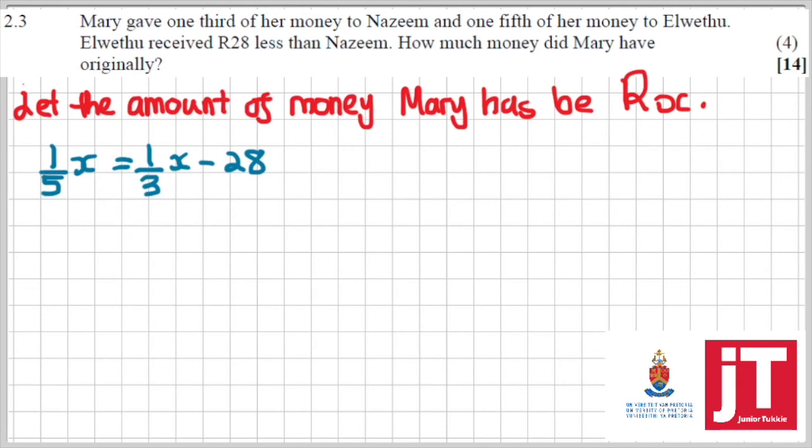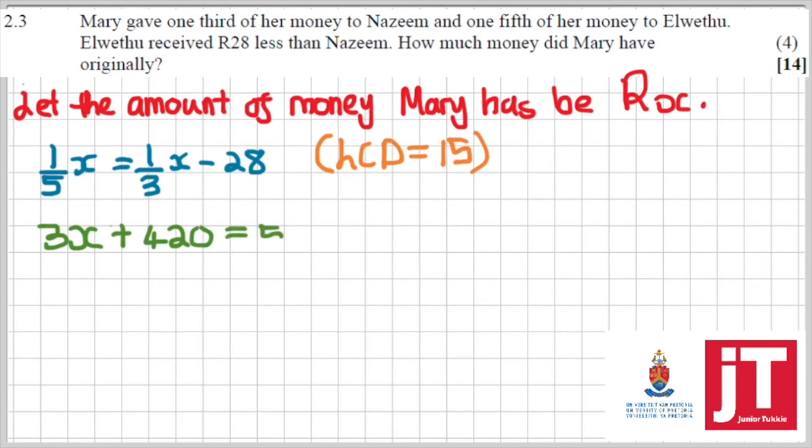To solve for that equation, which is in the form of a fraction, we need to find the LCD. Our LCD is 15. What do we do with that 15? We multiply each term by that 15. And if we do it correctly, we're going to have 3x plus 420 is equal to 5x.